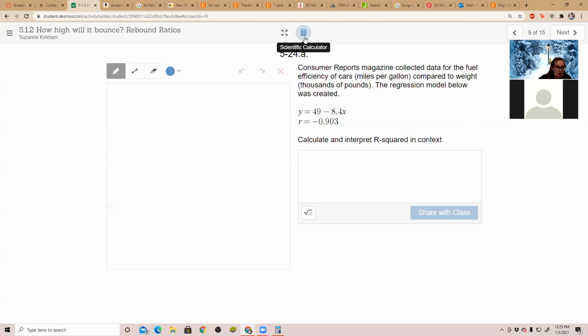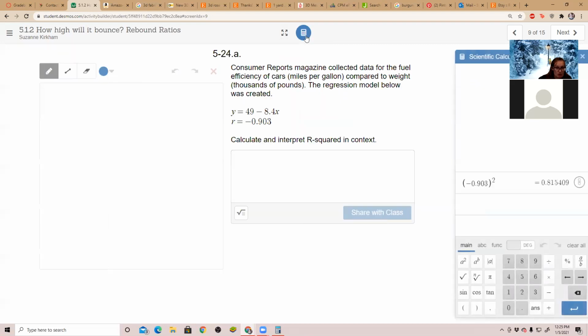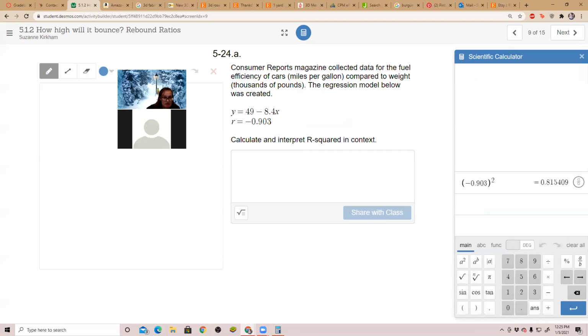Okay, so the way that we would calculate R squared is we would take this R right here, R equals -0.903, and we would square it. So we pull up our calculator, and -0.903 squared is 0.815.